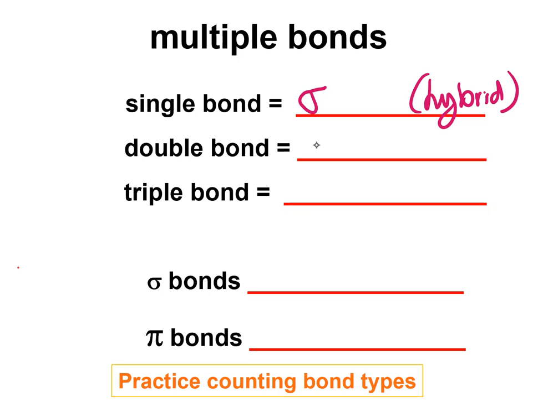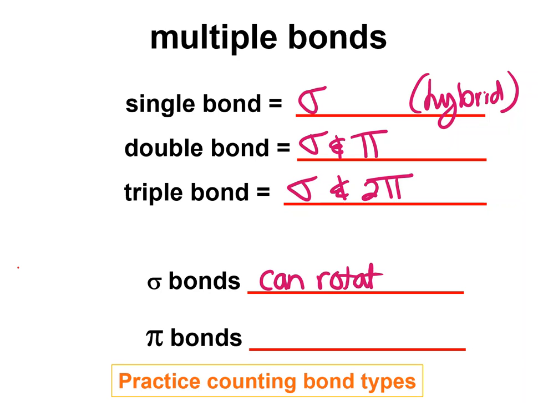If you have a double bond, then it is a sigma and 1 pi: sigma from the hybrid, the pi from the p orbital. If you have a triple bond, you have 1 sigma and 2 pi bonds. Sigma bonds can rotate. Pi bonds cannot.